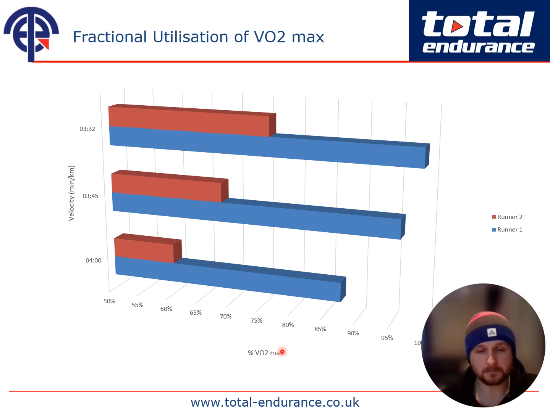To do that, they'll turn their legs over faster and faster, but they get to a point where they just can't turn their legs over any faster, and that's what limits them. We've seen that with a couple of runners: they're able to run at a really high percentage of VO2 max, so the threshold is really close to VO2 max, mainly because VO2 max isn't a true reflection of what they could do.